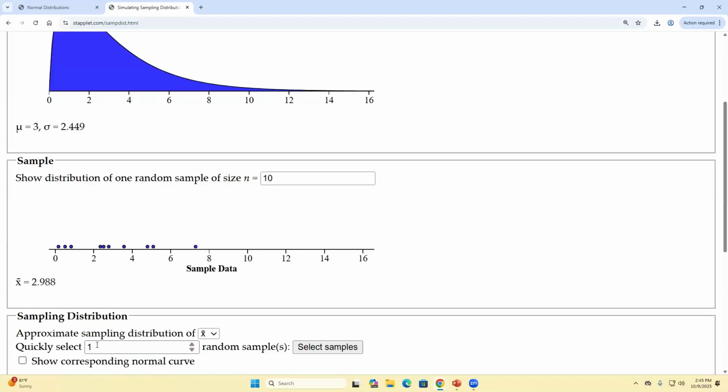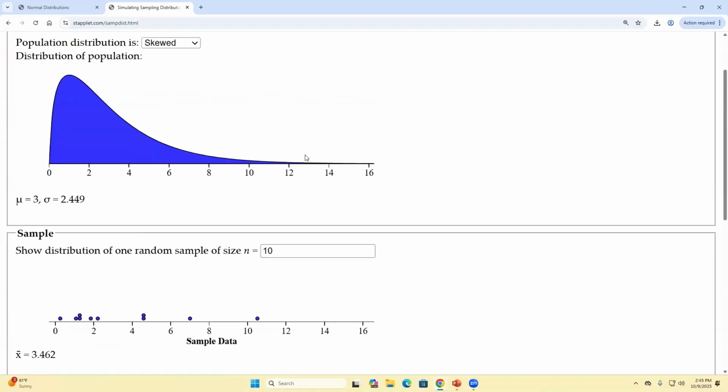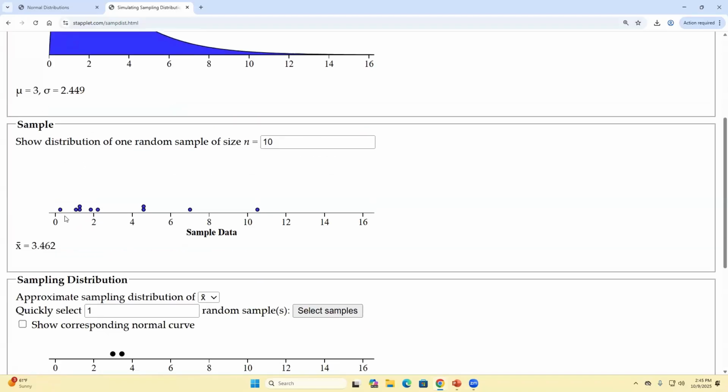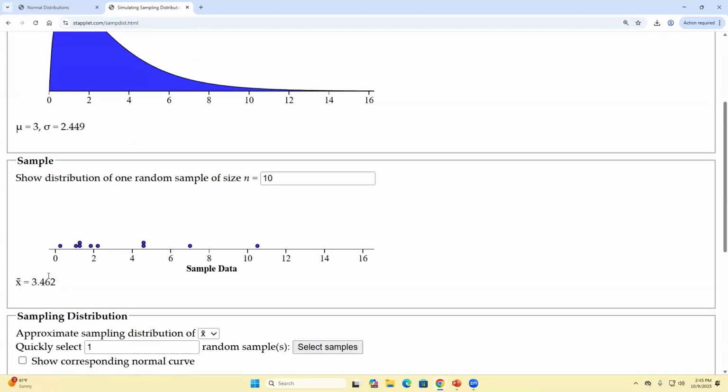So we're going to keep this at 1. We select one more sample, so we hit that. And you can see that our sample distribution here has changed. We're still pulling from the same population. Population has not changed at all. But now the dots here have changed, and we have 10 new individuals, right? These are 10 new individuals that we pulled from the population, and they also have a sample mean.